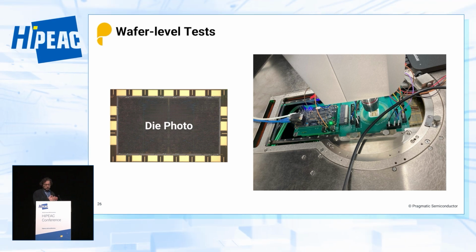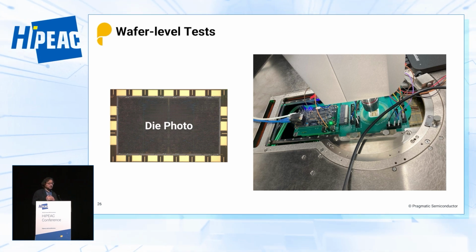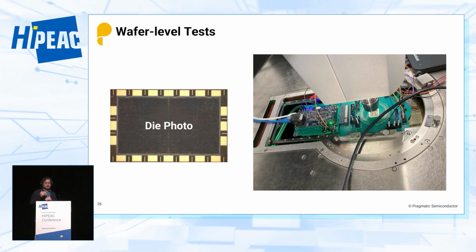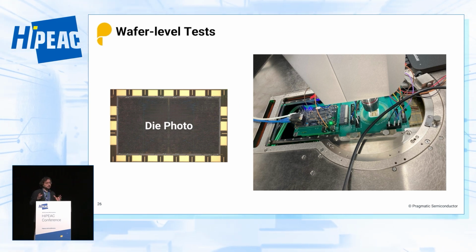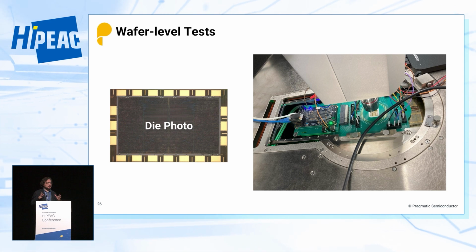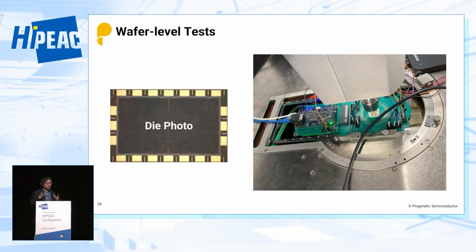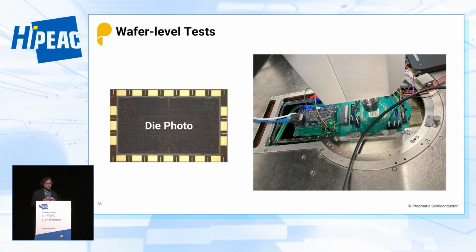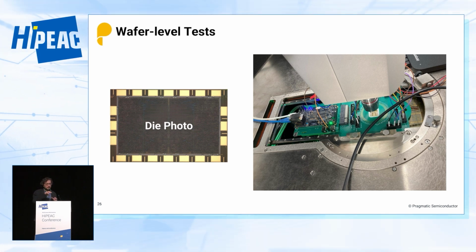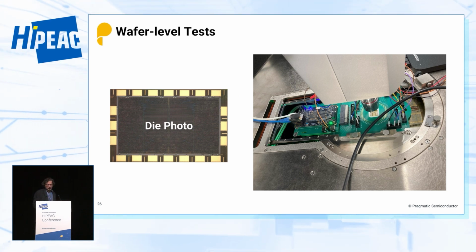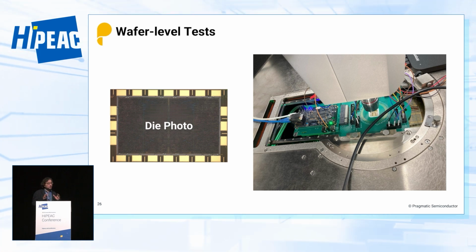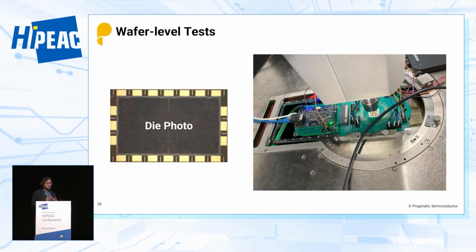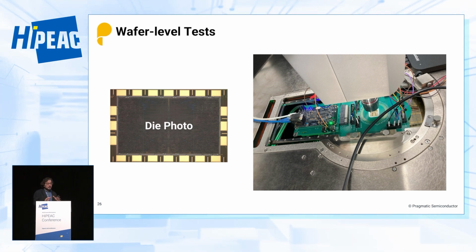When I moved from ARM to Pragmatic, you don't just build RTL, you actually fabricate and you have to test. The first thing we have to do is test the design, the fabricated things, at the wafer level. We have wafer probe stations, the wafers come and we test the wafer, semi-automatically. We are doing this to identify the known good dies from the wafer. Some work, some don't.